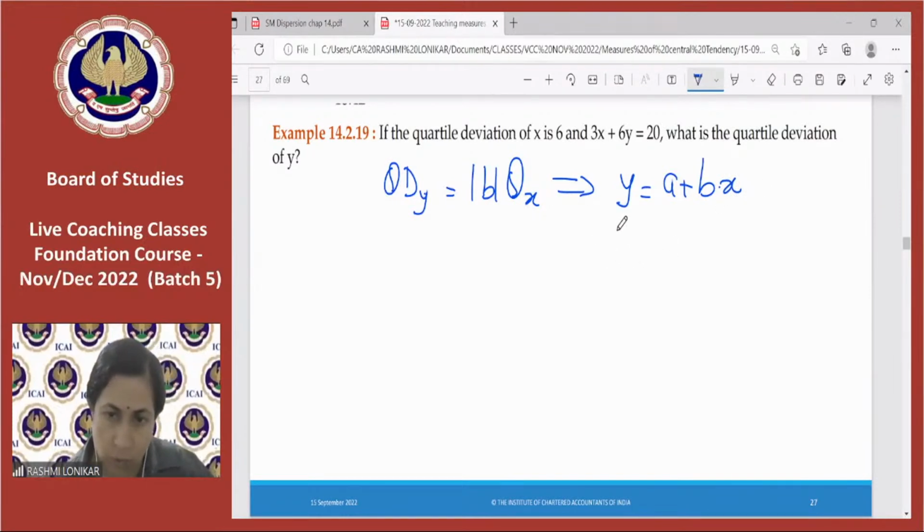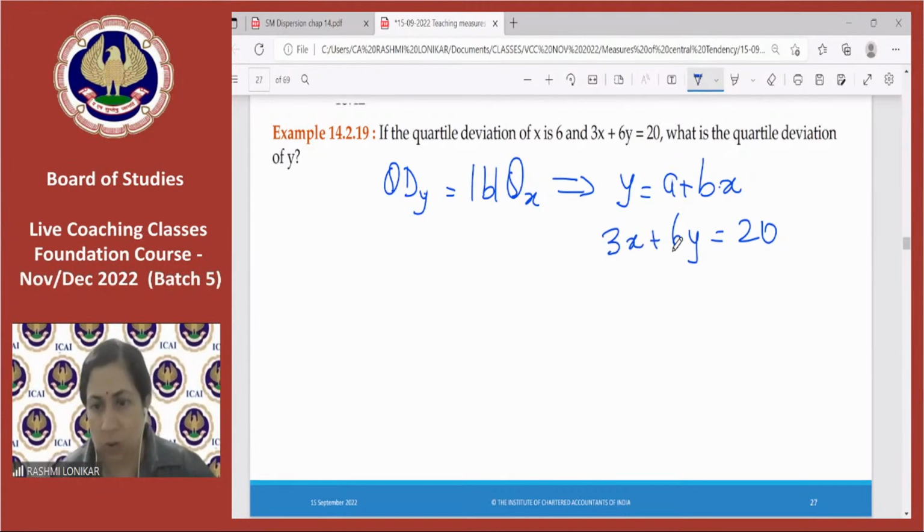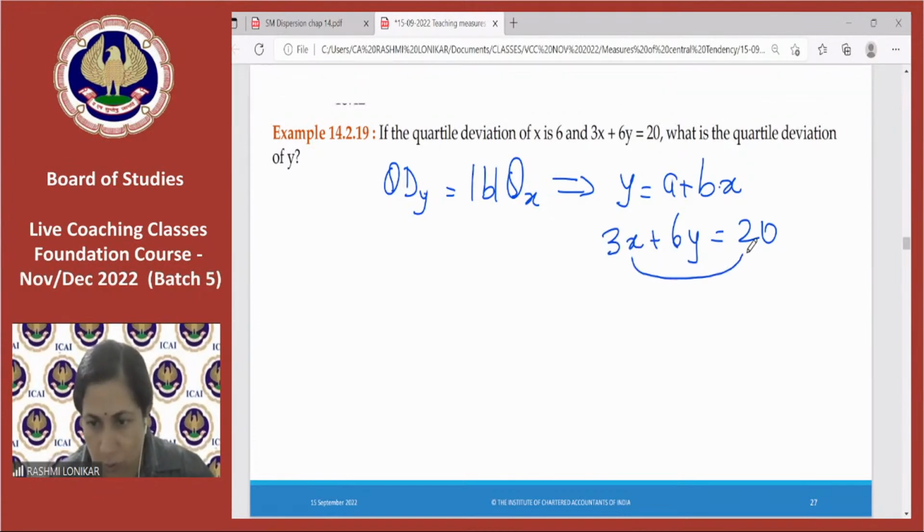Now what is the equation given to us? 3x plus 6y is equal to 20. So I keep y on the left hand side and take x to the right hand side. So 6y is equal to 20 minus 3x. So y is equal to 20 upon 6 minus 3 upon 6 into x.